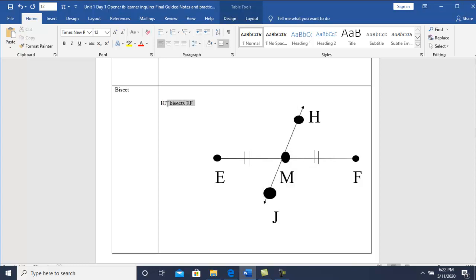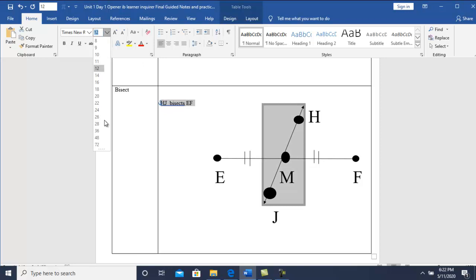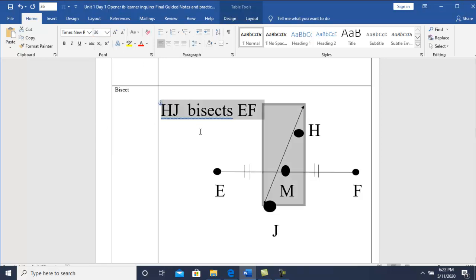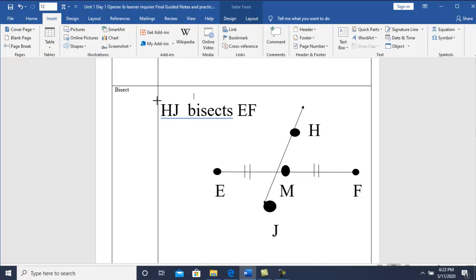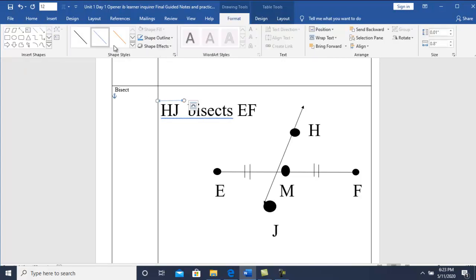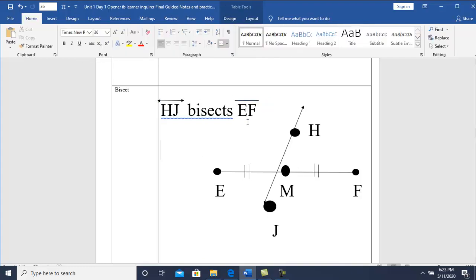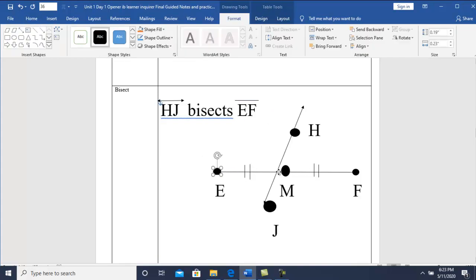Now, if I were to do the notation for that, remember HJ is a line, and then EF is a line segment. Now, when you're noting the line segment, remember we have to have a notation for it.